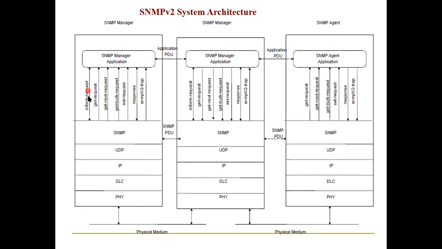So that's why this inform request goes to the second manager. And that's why it is bi-directional, because this one might have asked for some data or some information, and this manager will have responded with that data. Okay, so these 2 managers are communicating with the help of inform request. So that's why there are arrows on both the sides.